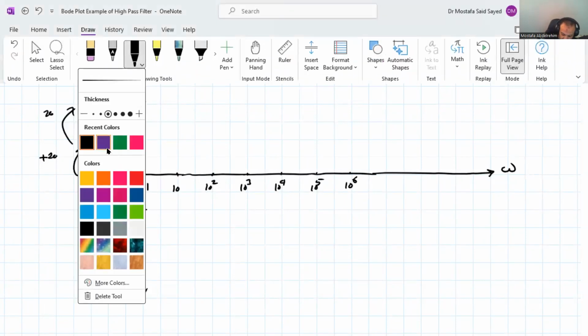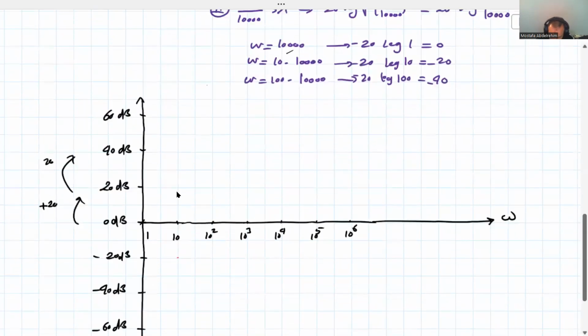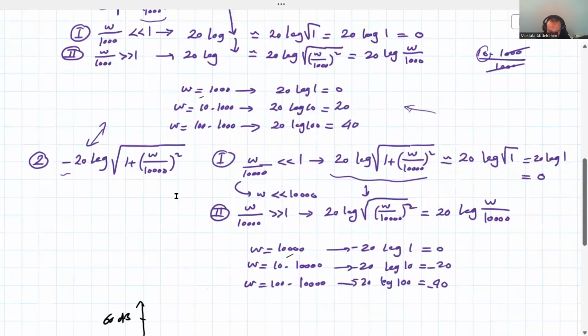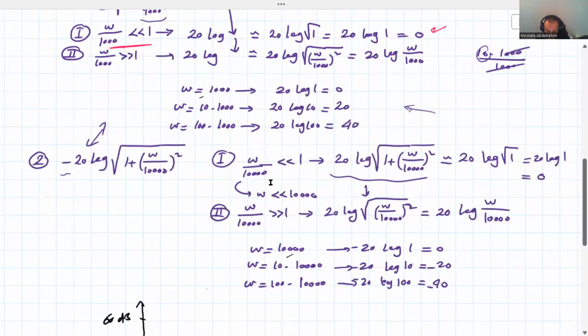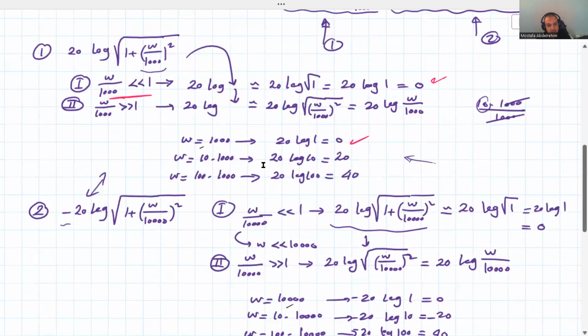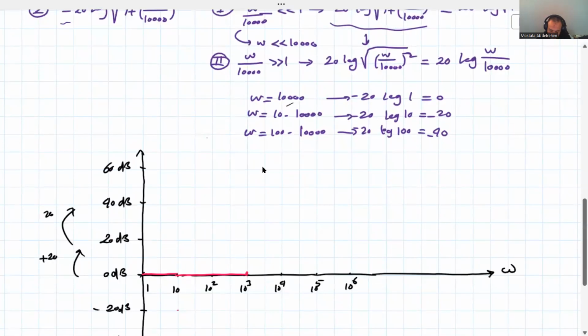Okay. Now let's draw. So we have two curves here. Let's draw number 1 in red. For number 1, we have two cases. When omega is much less than 1,000, or omega over 1,000 is much less than 1, basically, we have 0. So where is 1,000? Here is 1,000. For all these values, we have 0 until we reach 1,000. At 1,000, there is 0.